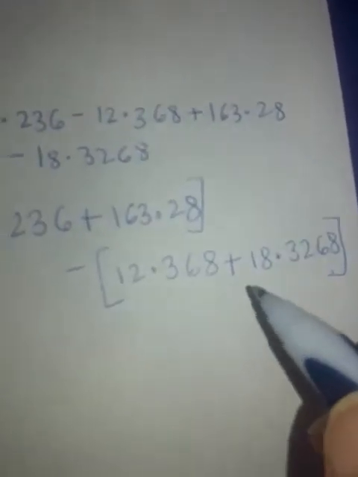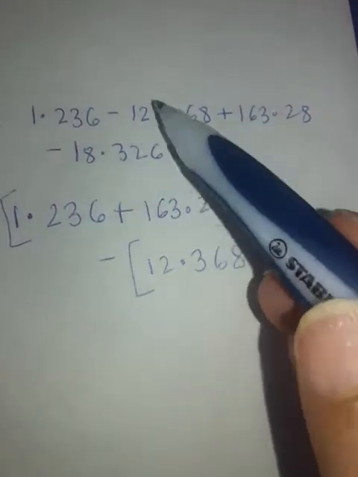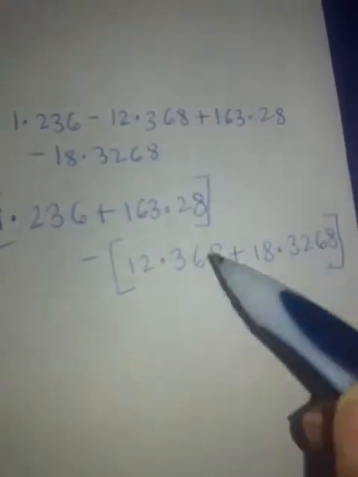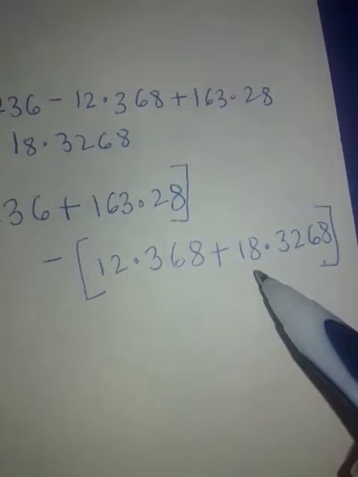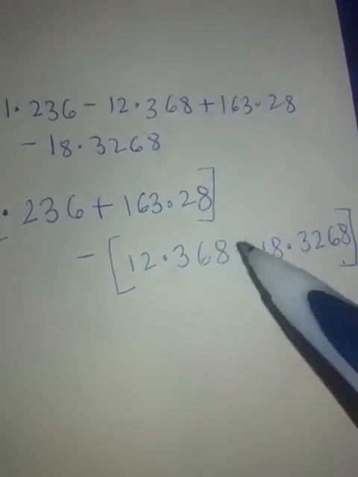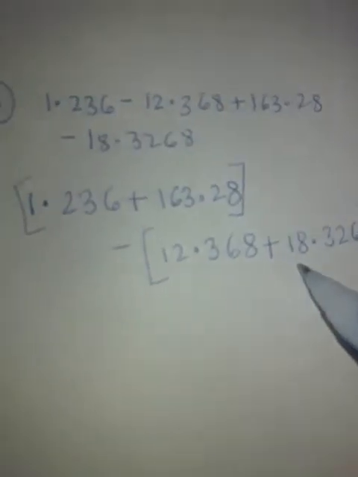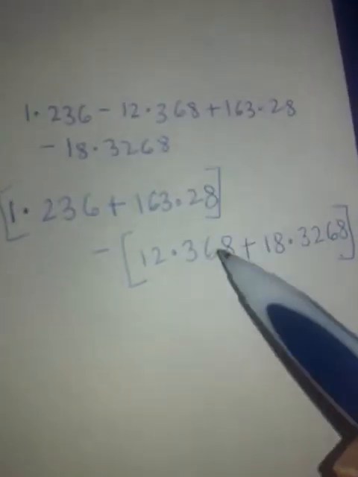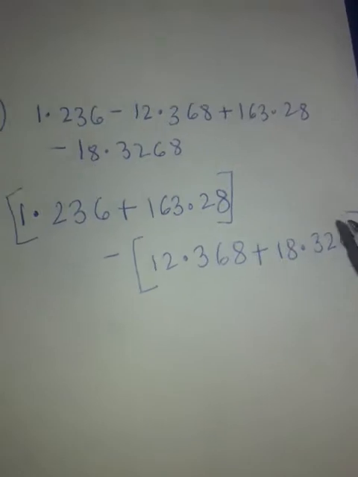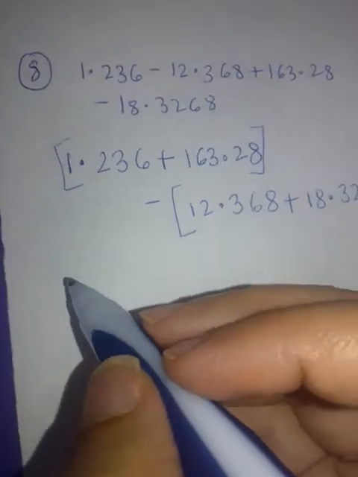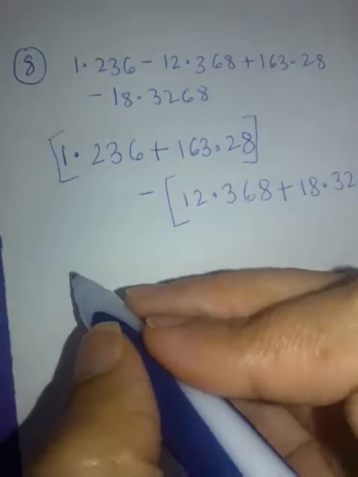I'm sure everybody knows this. Both are minuses, so I took minus sign outside, so in the bracket it becomes plus. Now this is also plus, this is also plus. So what I'll do? I'll first solve this bracket, then I will solve this bracket and then I will do the subtraction. So first let us solve this.